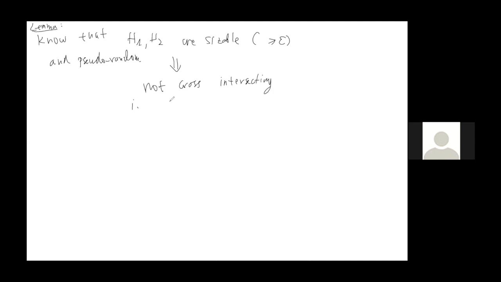Meaning they contain two disjoint sets. Okay, so this is really the heart of the matter. This is really the most difficult part of the proof.